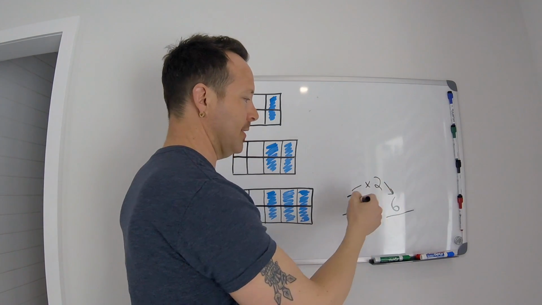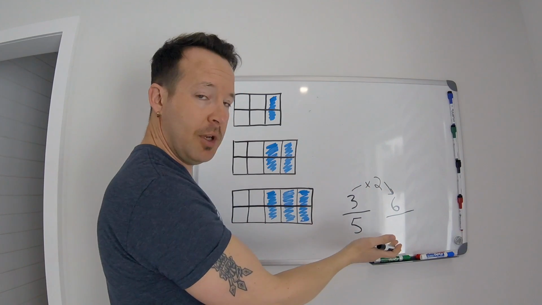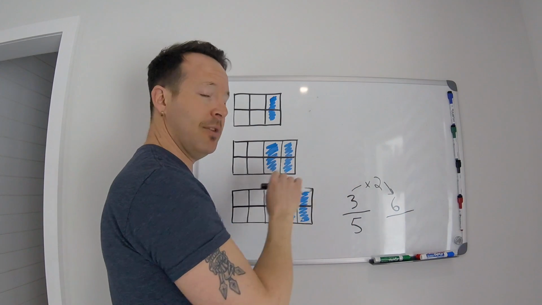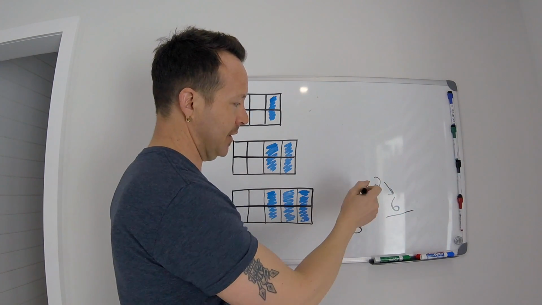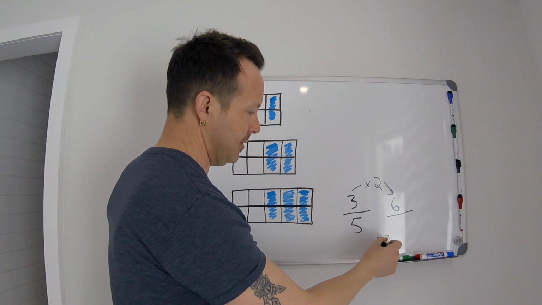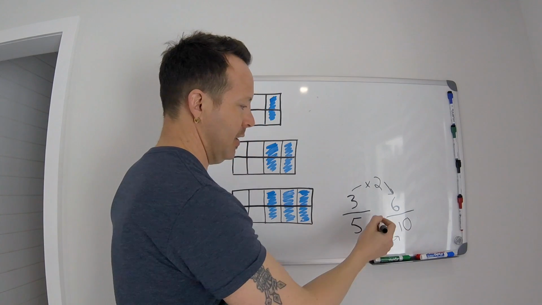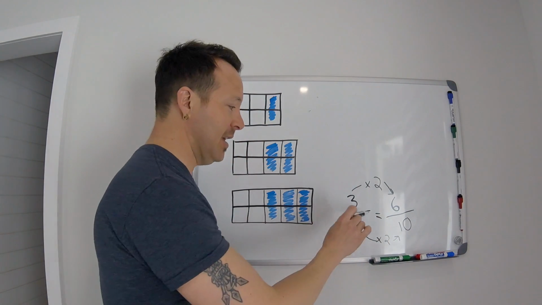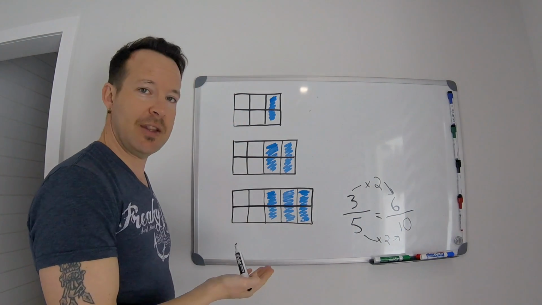Whatever I do to one side, I do to the other. So whatever I do to the numerator, I do to the denominator. Or whatever I do to the denominator, I do the same thing to the numerator. So if 3 times 2 is 6, then 5 times 2 is exactly 10. Which means that 3/5 equals 6/10. And the picture shows us that this is true.